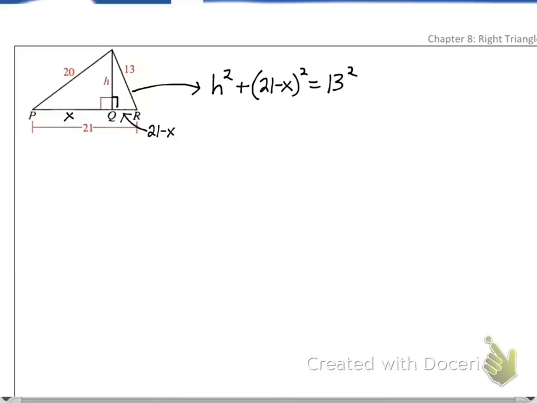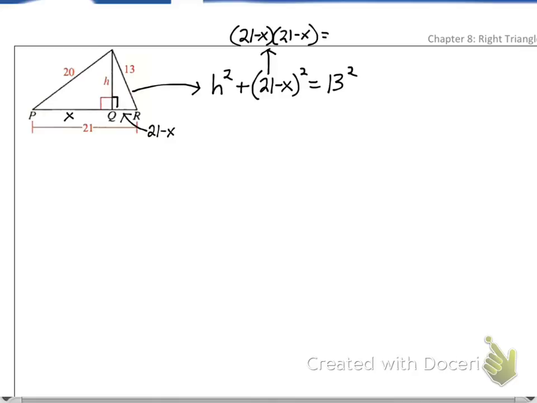You can either do this work in your head, above, or below, but we need to square that 21 minus x. I'm going to do it above so we can see the steps. So I'm just going to put a little note up here that 21 minus x squared is 21 minus x times 21 minus x.